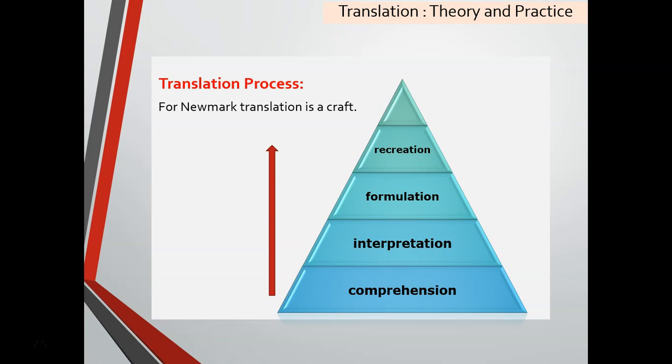So comprehension is the first step, and then this comprehension or understanding needs to be interpreted in the mind of the translator, and then it needs to be formulated in the target language, and then finally it needs to be recreated. Recreation is the final step in order to yield the desired target language translated text.